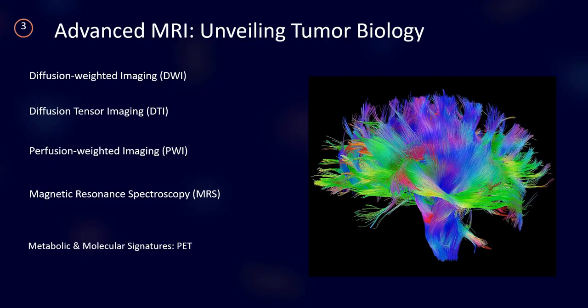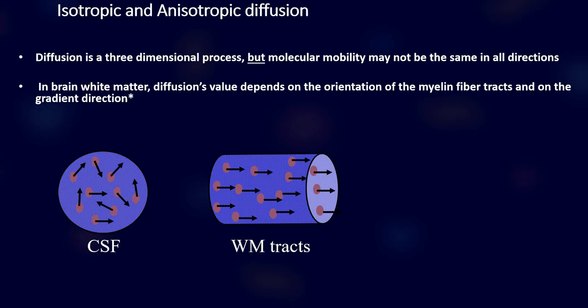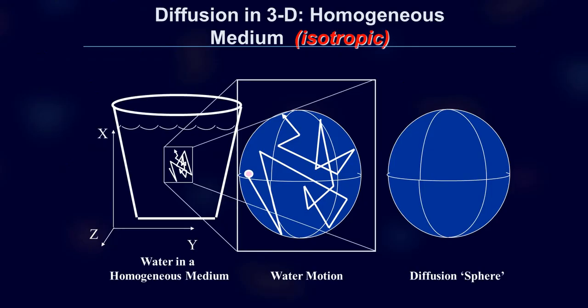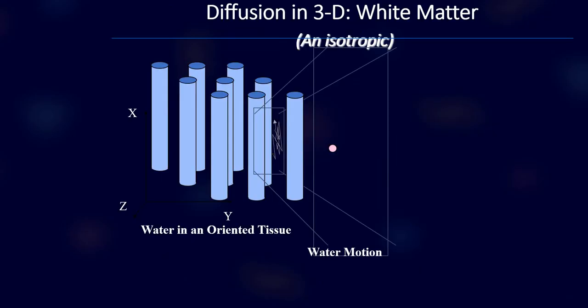What about diffusion tensor imaging? The idea here is we have two types of diffusion, isotropic or anisotropic. Isotropic is when the fluid is moving all around with no boundaries. So this is called isotropic diffusion.